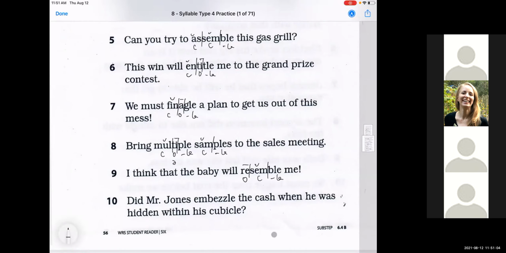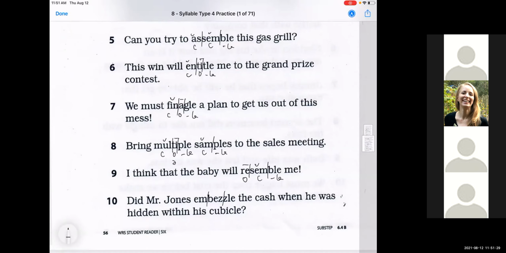Did Mr. Jones embezzle the cash when he was hidden within his cubicle? Embezzle, sorry. Embezzle. EM/BEZ/ZLE.